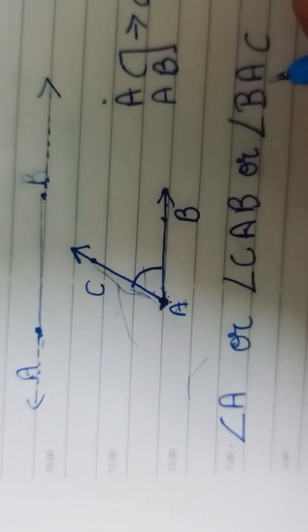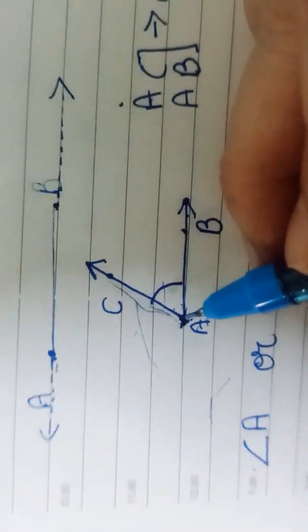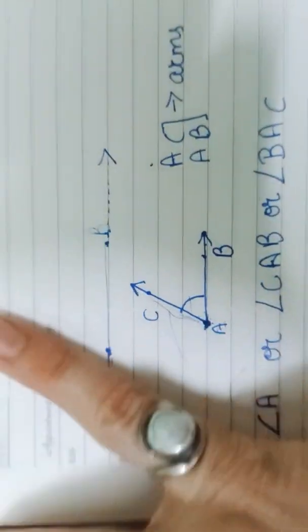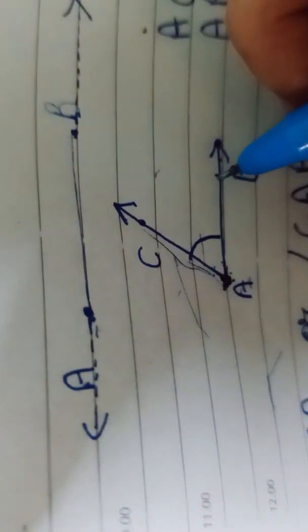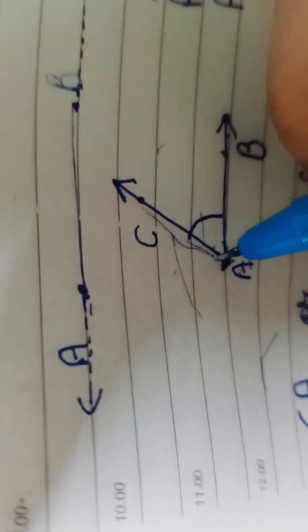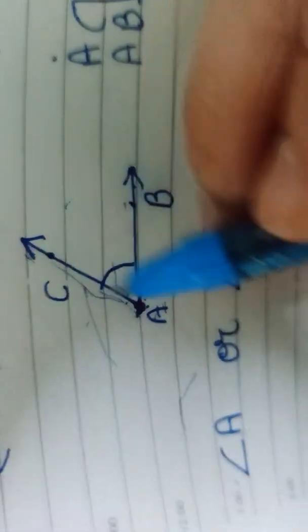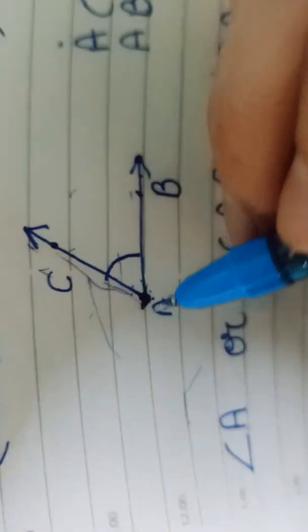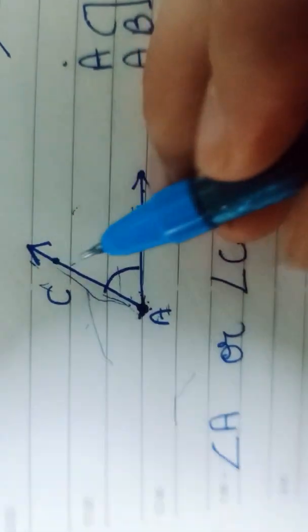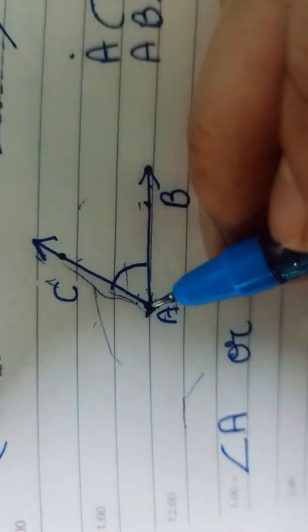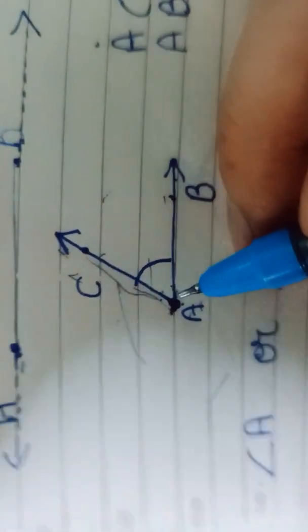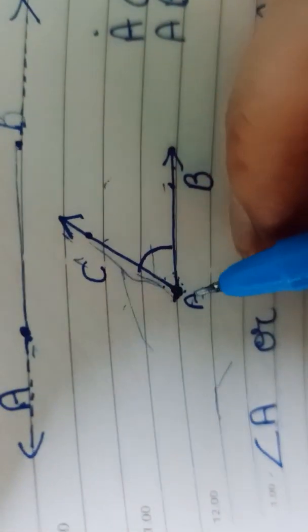You can write angle in these three different ways. You can write only the common point, or start from any of the points, but the common point will be in the center. We cannot write BCA because BC is not joined here, and we want to write the angle A, so A will be in the center.